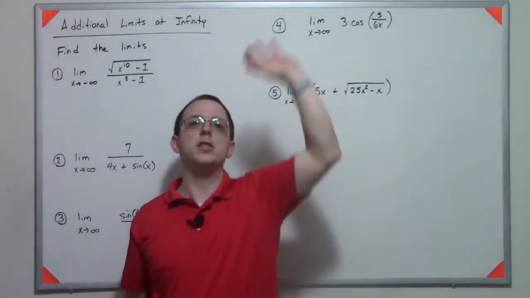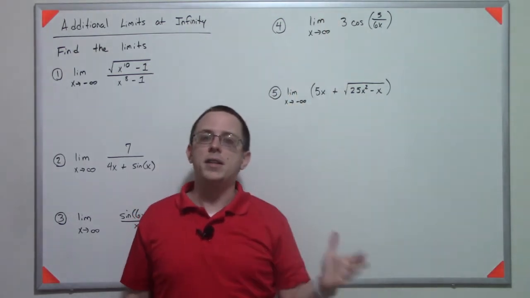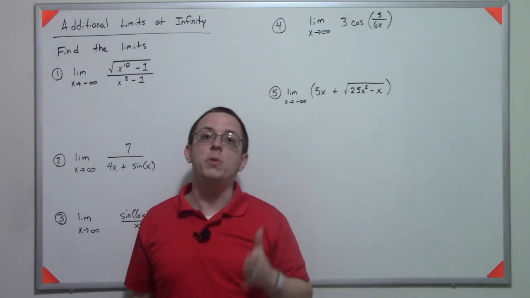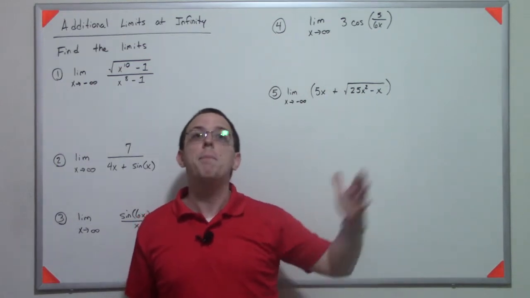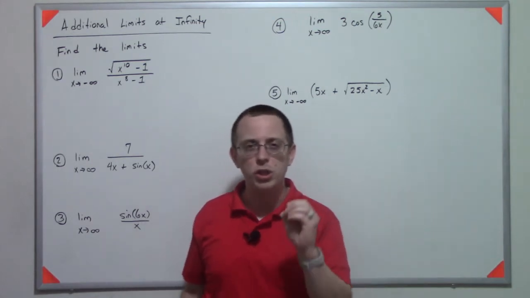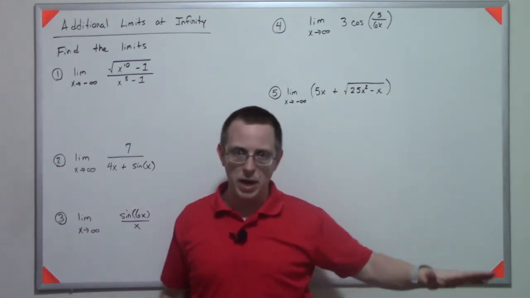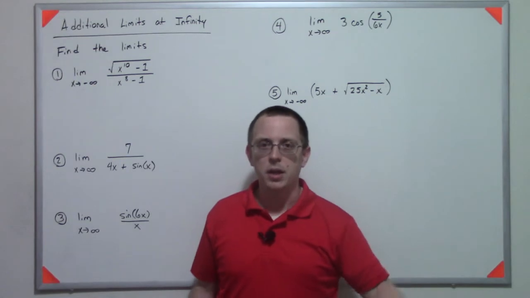It's just going to run away so much faster. At x equals 100, x cubed is 100 times larger than x squared. At 1,000,000, it's 1,000,000 times larger. So that largest degree is going to dominate that term.